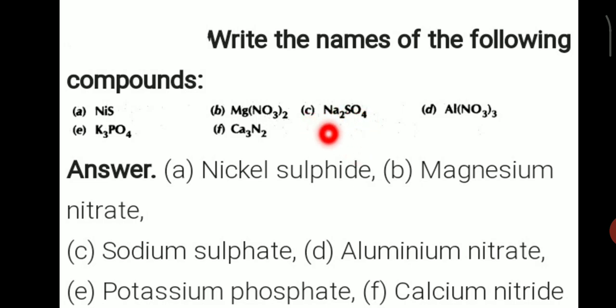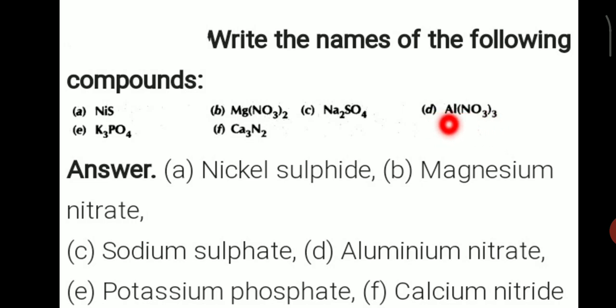Next one is Na2SO4. Na means sodium. I told you, don't bother about the valency. Na is sodium, SO4 is sulfate. So sodium sulfate. Next is Al(NO3)3.